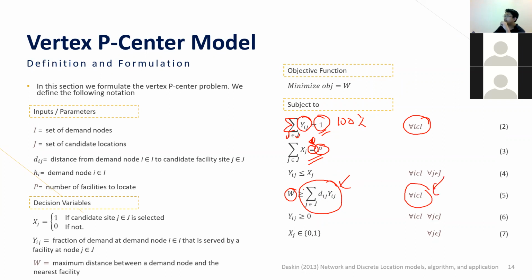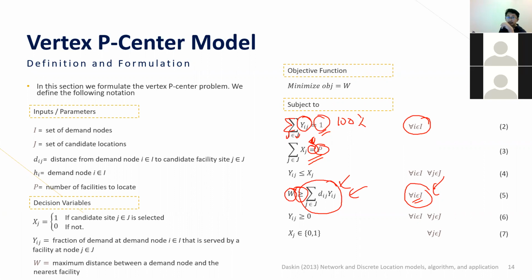Then we compare all those nearest distances, and then we take the biggest one. So W will always be greater than or equal to all those dij multiplied by yij. And then you will get the value of the furthest demand coverage.